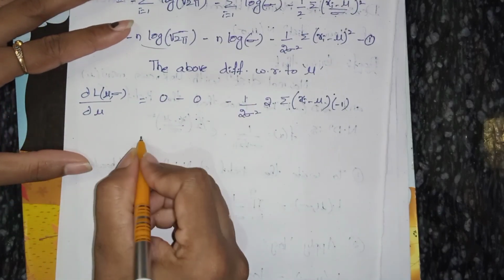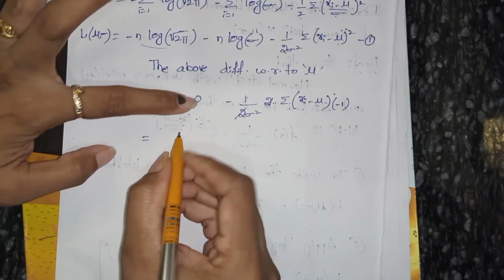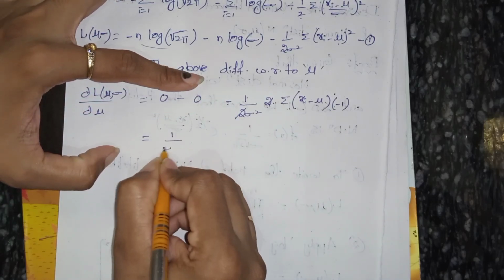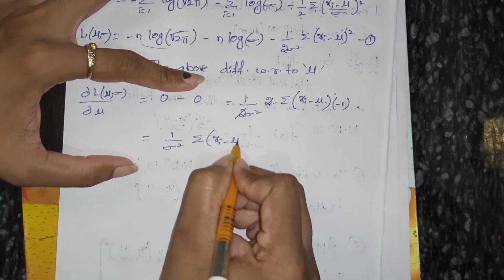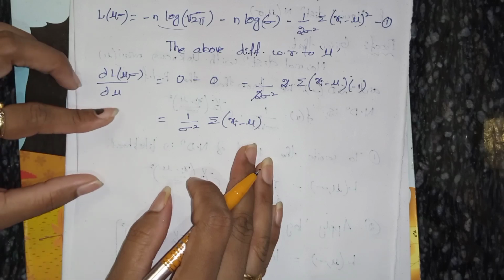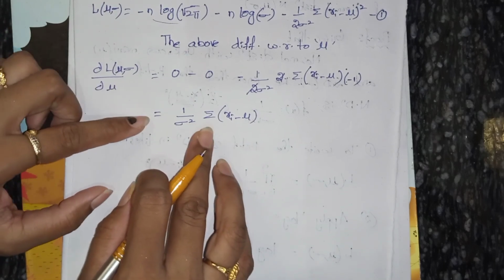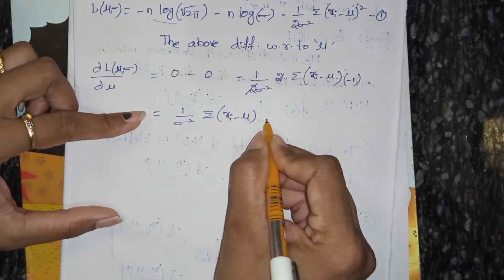That equals, 2 gets cancelled, and minus and this minus make plus. So that means 1 by sigma square summation (xi minus mu). So this is the differentiation with respect to mu. Now we have to equate this to 0.